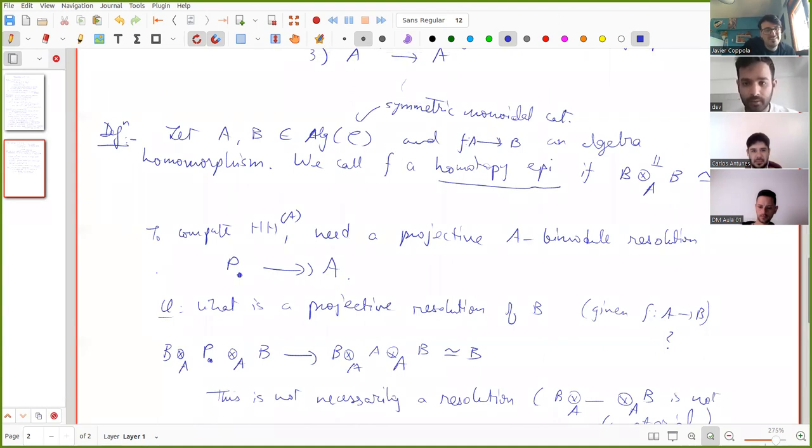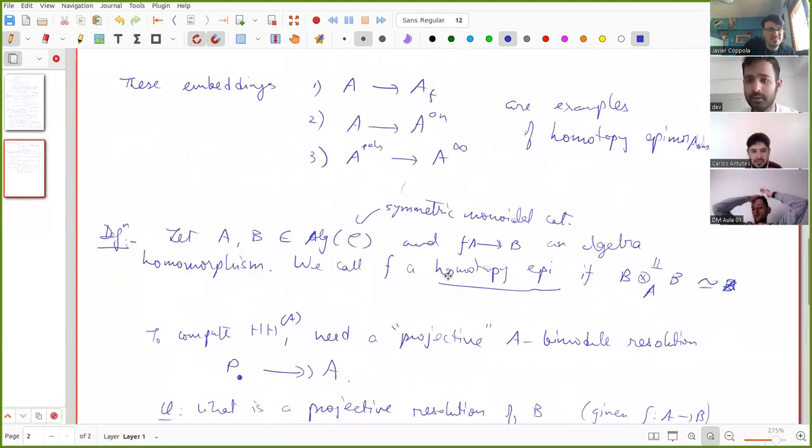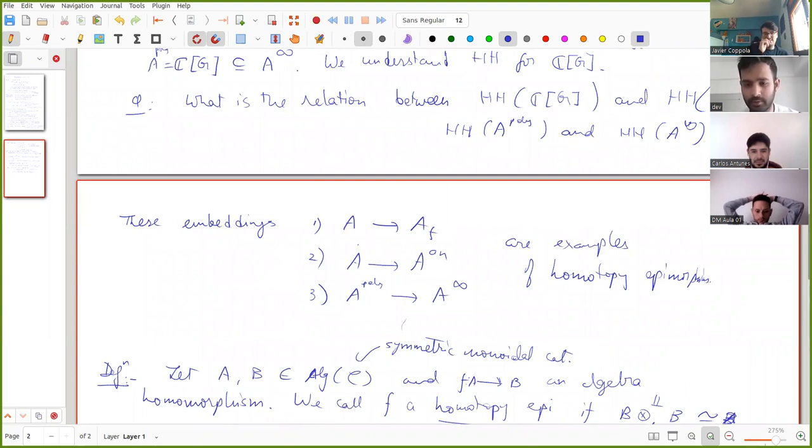Right. So now let me say what I mean by projective in this context. Because as you can see, we are working with things which are not just algebras, they're algebras with topology. So saying that something is a direct summand of a free module makes no sense in this context.